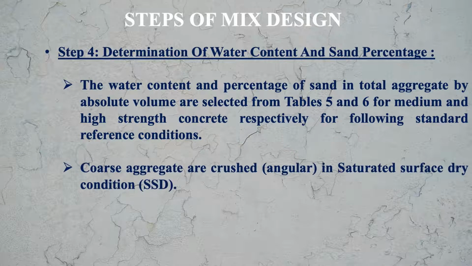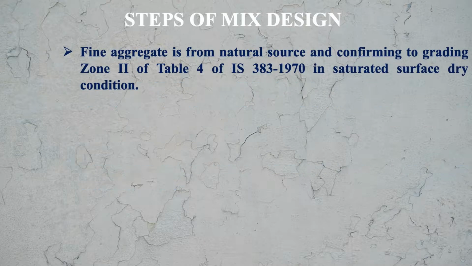Coarse aggregate is crushed, means angular, in saturated surface dry condition, means in SSD condition, and fine aggregate is from natural source and conforming to grading zone 2 of table 4 of IS 383/1970 in saturated surface dry condition.